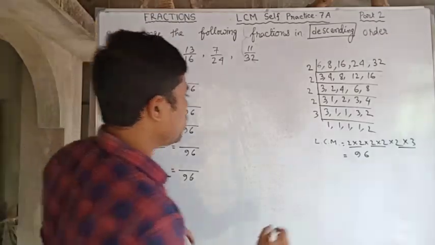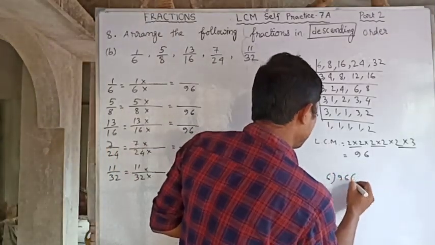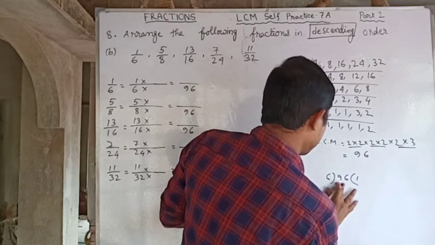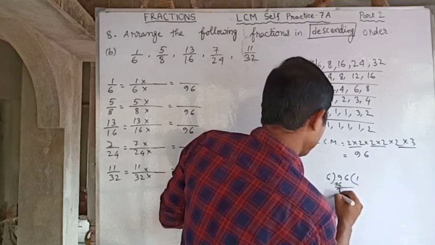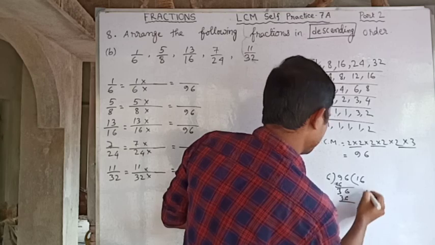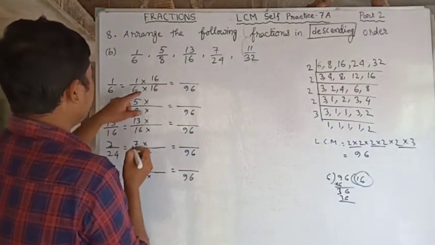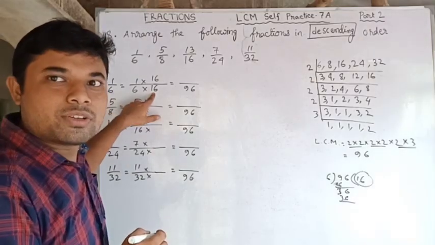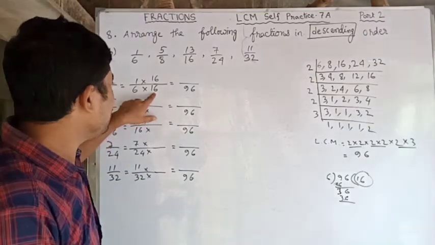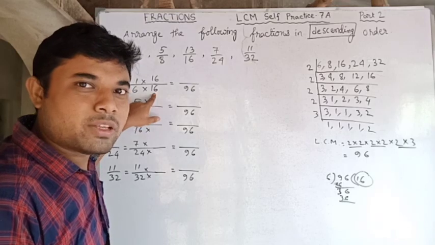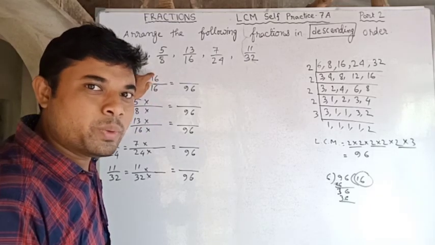Multiply with 6. You can just divide 96 by 6: 6 times 16 is 96. So you multiply by 16, and whatever you multiply the denominator by, you have to multiply the numerator also by 16.